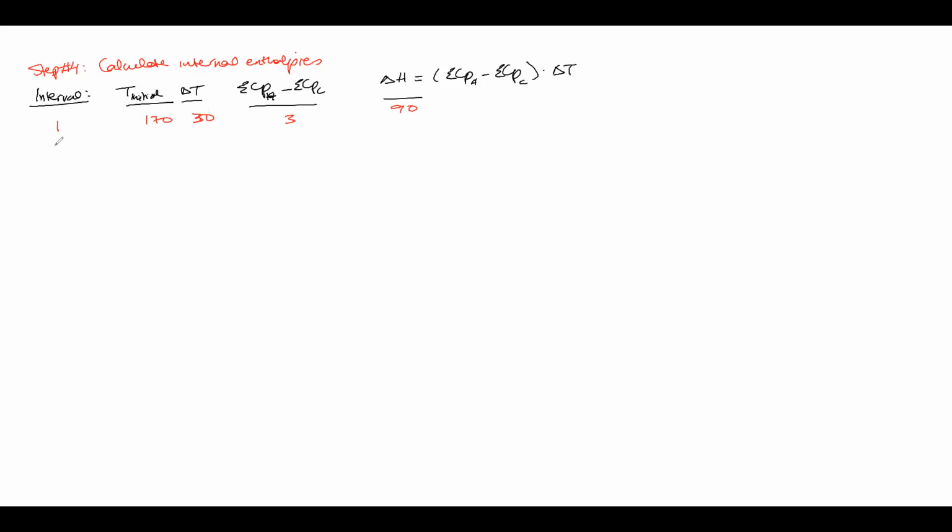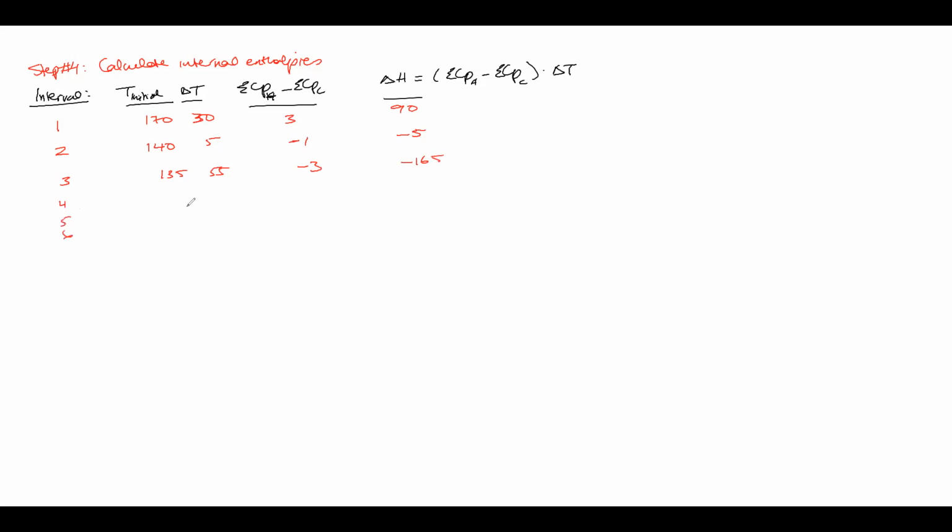For interval 2, our initial temperature was 140. Delta T was 5, and summation of Cp hot minus Cp cold is minus 1, so delta H was minus 5. Number 3, we had 135. We had 55 times minus 3, and this is minus 165.